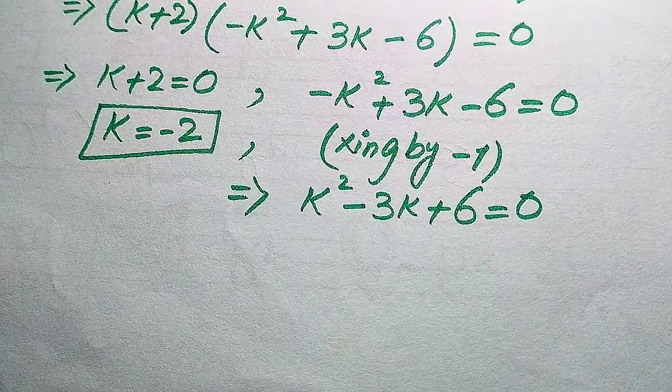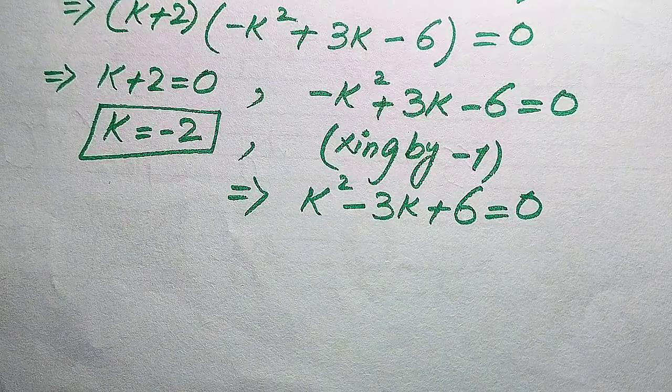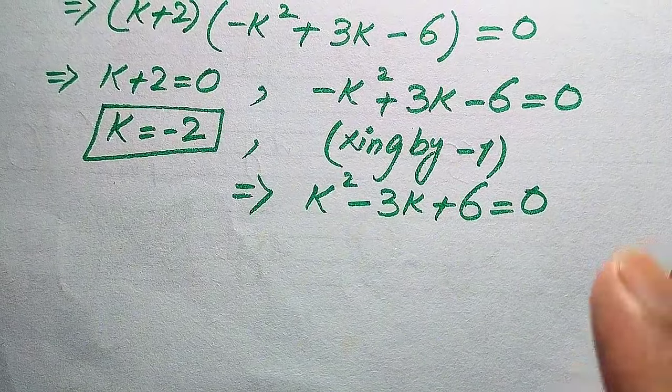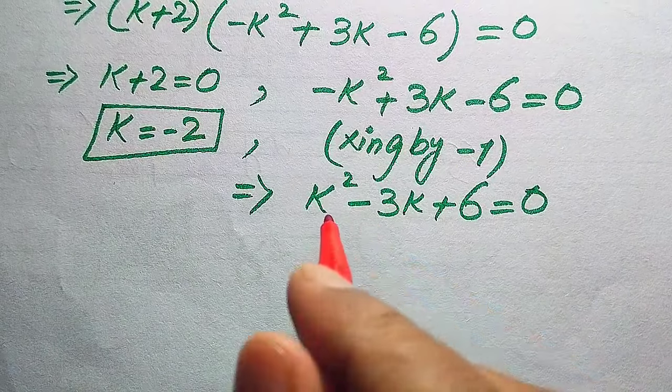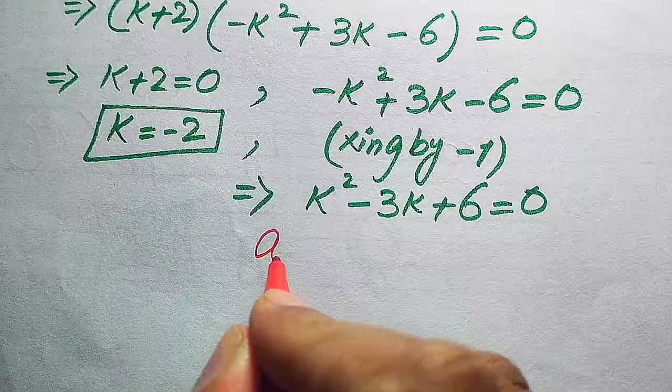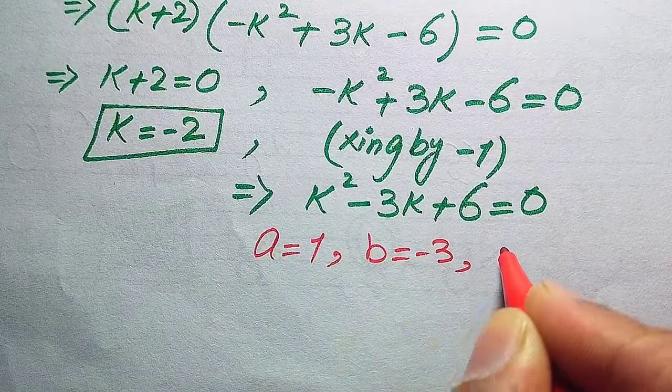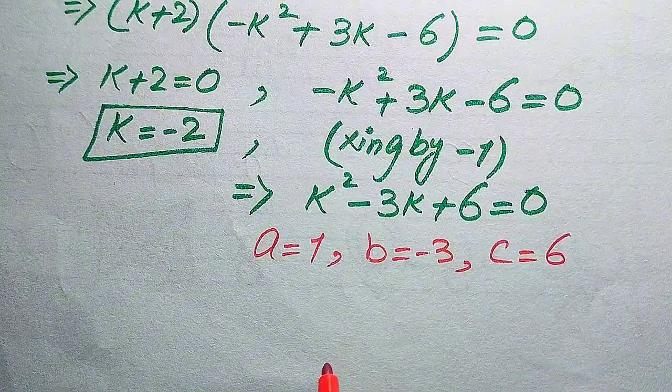So this is our quadratic equation in the standard form, and here we need to use the quadratic formula to solve this problem. For this we first write the coefficients of this equation: a equals 1, b equals minus 3, and c equals 6.